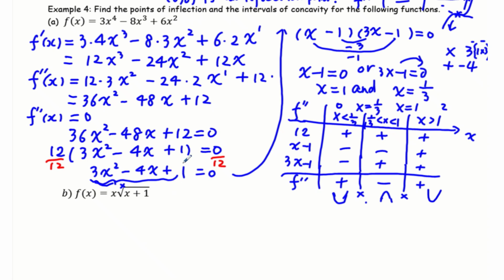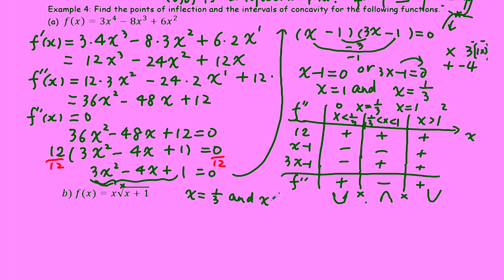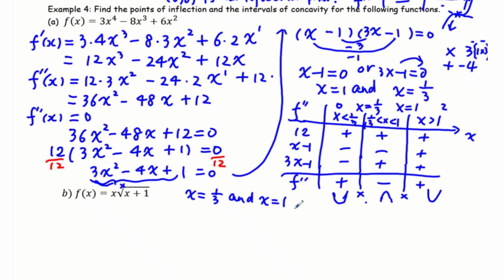We write the conclusions. So x equals 1 over 3 and x equals 1 will give you the points of inflection. You could sub in the 1/3 to do the calculation and find the y value.